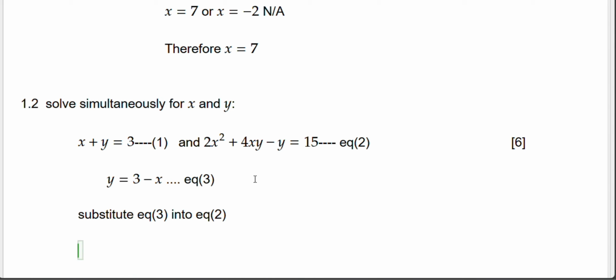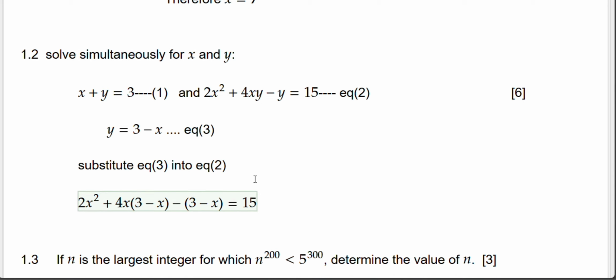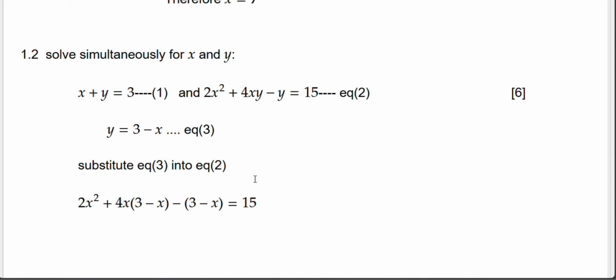So it's going to be 2x to the power 2 plus 4x, then substitute 3 minus x, then minus (3 minus x) is equal to 15. So okay, now I need to simplify this thing.